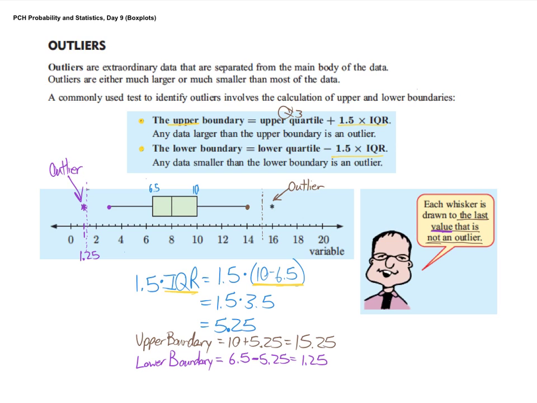And that's how we do a box plot and identify our outliers. Again, the bottom boundary is Q1 minus that 1.5 IQR.